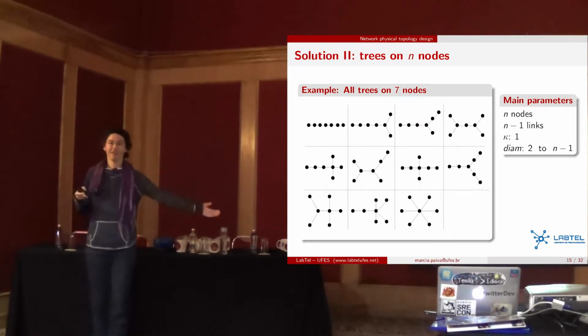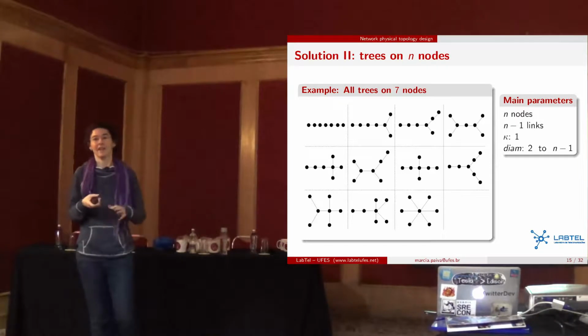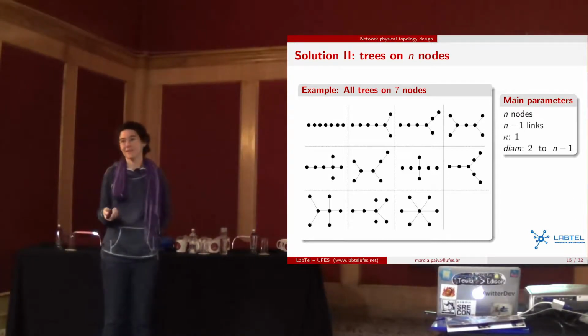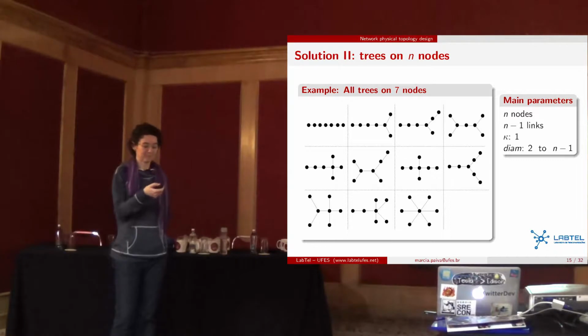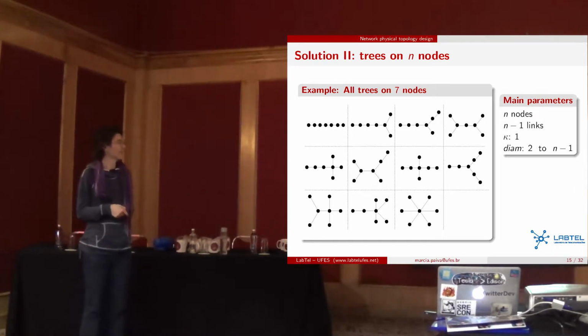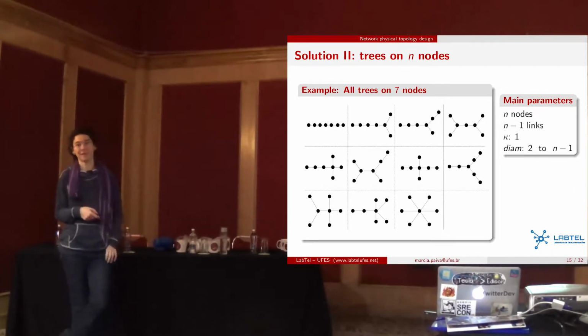Now we change to the other extreme, where the links cost very much. I have to minimize the number of links, so the minimum scenario possible are the trees, which are the connected graphs.